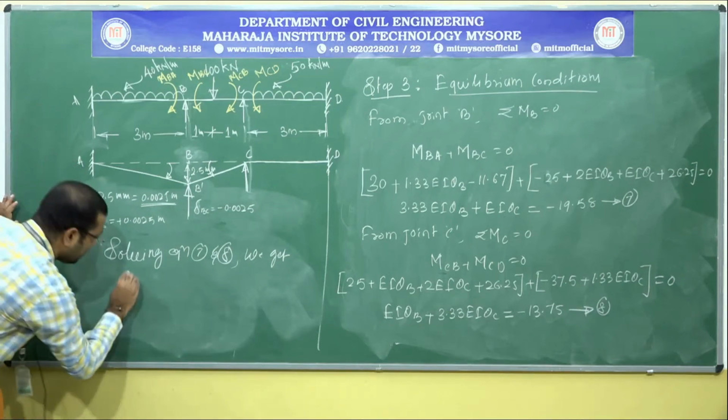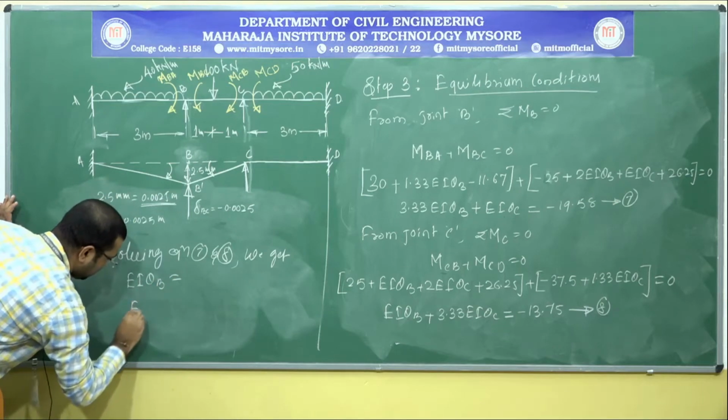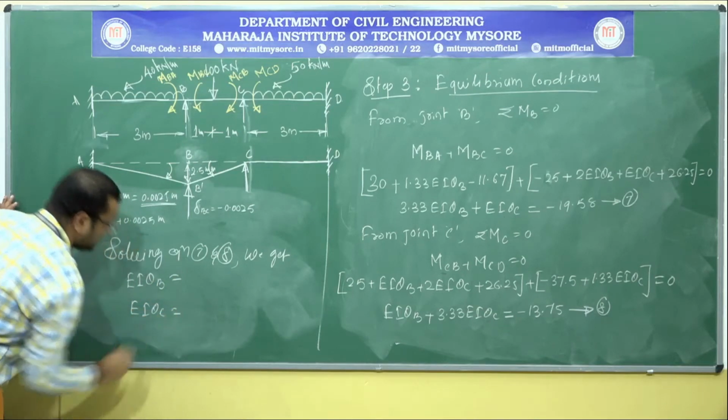If I do that, I will get the values for EI theta B and EI theta C.